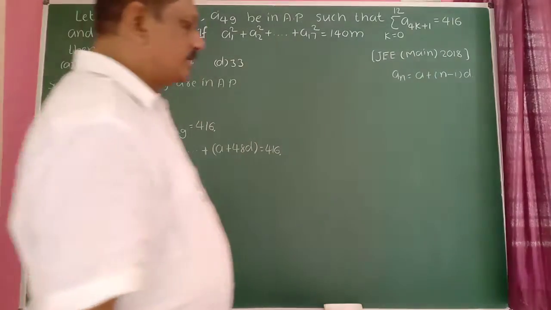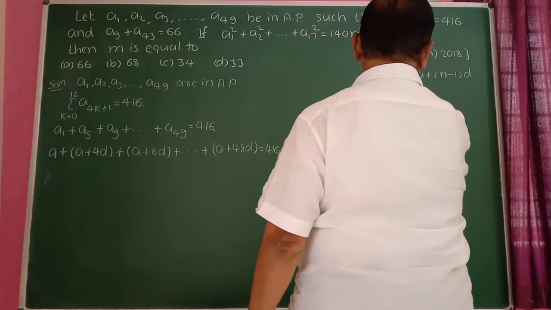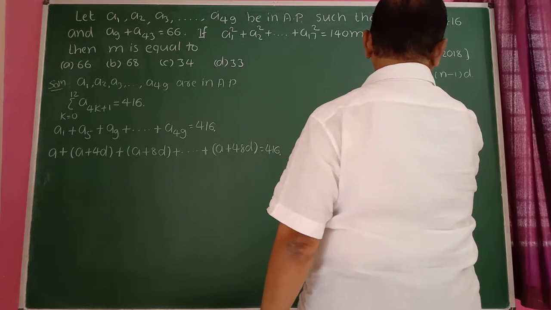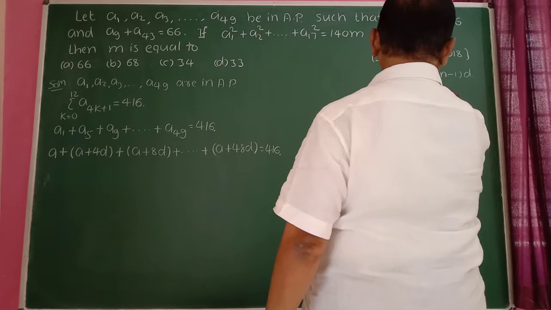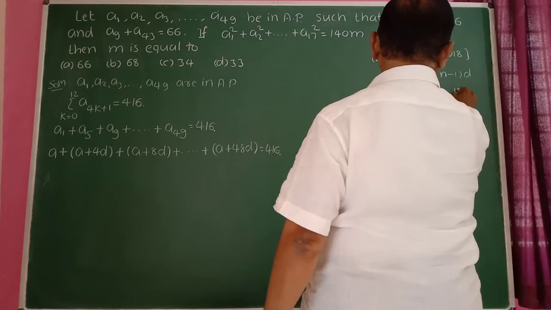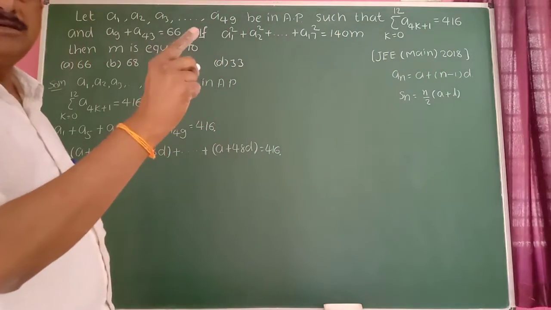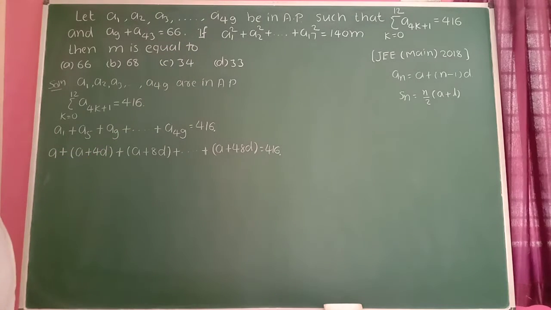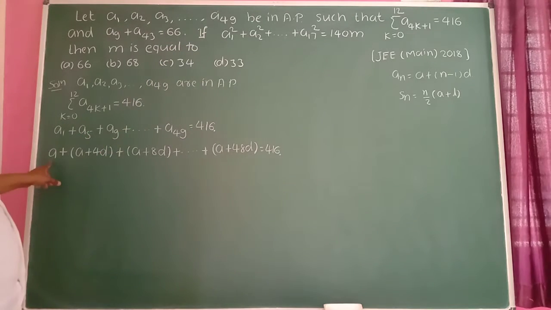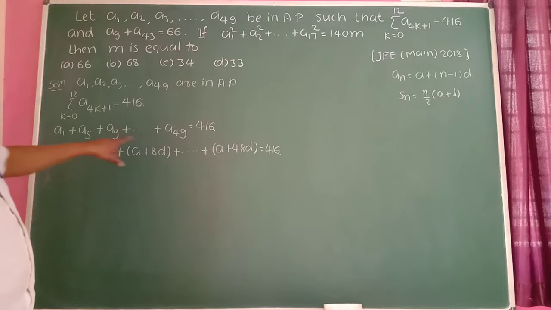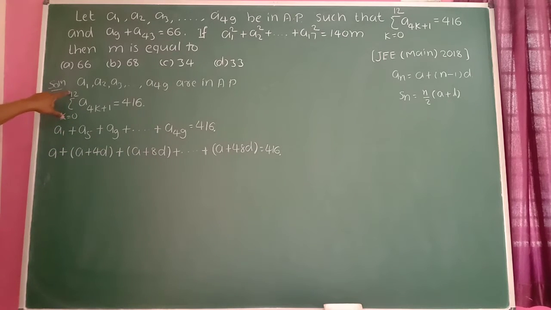Therefore, you know the sum to n terms of an AP, Sn, is equal to n divided by 2 into the bracket A plus L. This is the formula. A is the first term and L is the last term, and n is the number of terms. Total, these are 13 terms here because K value 0 to 12 means total 13 terms.